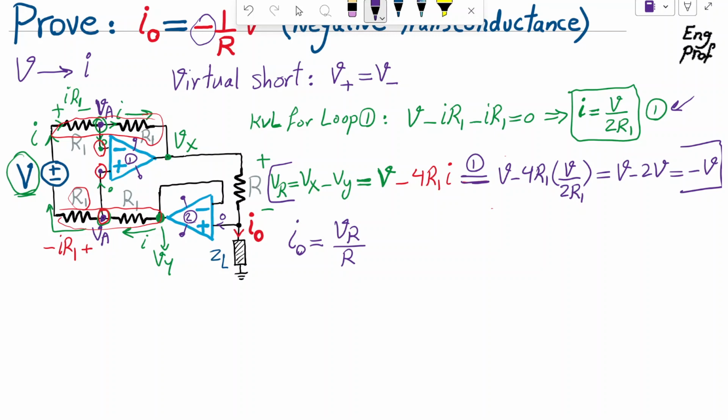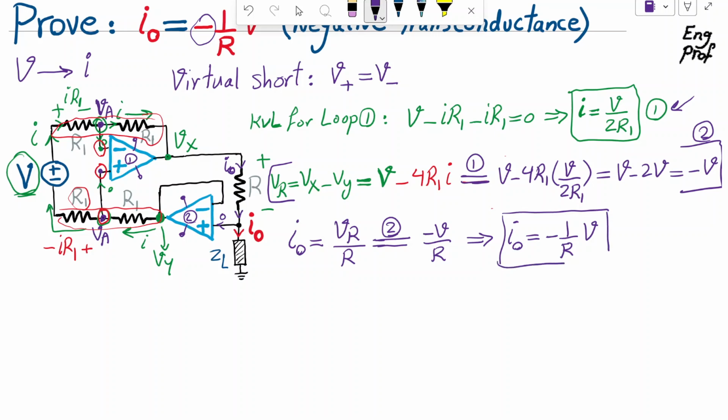So all the I_out is coming through R and going out to ZL. So therefore, according to equation 2 that I just found, that VR is equal to negative V, divided by R, and we are done. So I_out is minus 1 over R times V_in, as we wanted to prove.